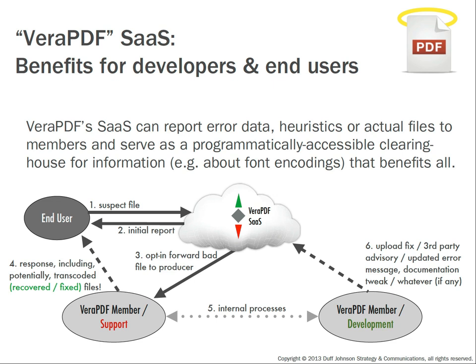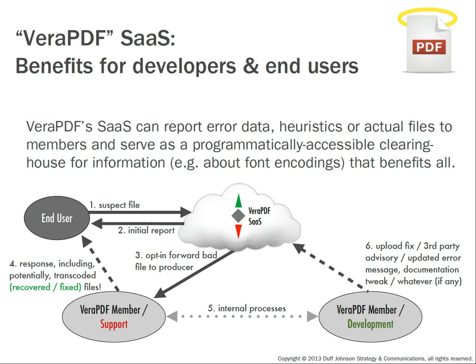If I was the end user and I have a broken file, a file that doesn't work for me, and I upload this file to the SaaS, it gets scanned, and I get a response which is, your file is broken. I might then tell the server to go ahead and forward a report of the problem to the producer, absent any of the file data.